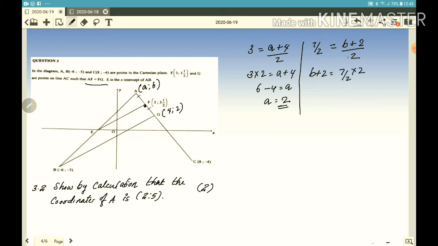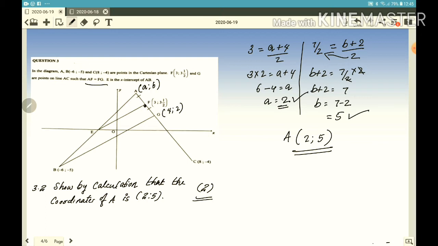Just multiply like this. That is b plus 2 is equal to 7. The 2s cancel. Therefore, b is equal to 7 minus 2. Answer is 5. So we have proved that the x value is 2 and the y value is 5. So the mark allocation is 1 mark for a, 1 mark for b. Is it clear?